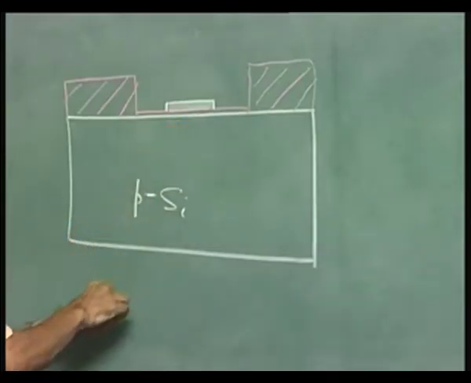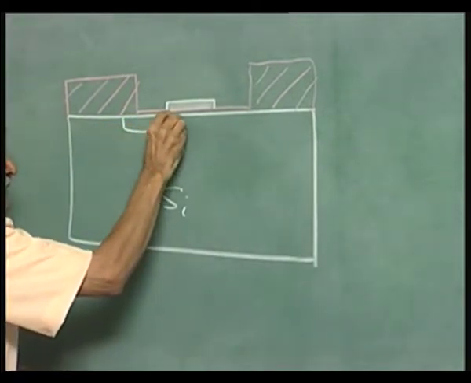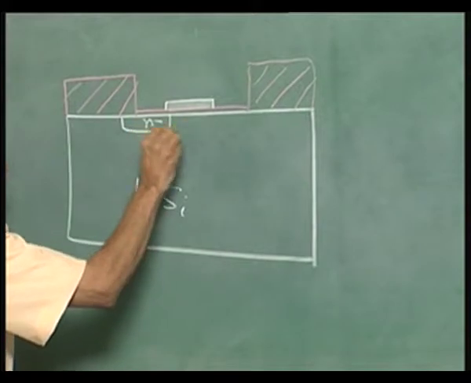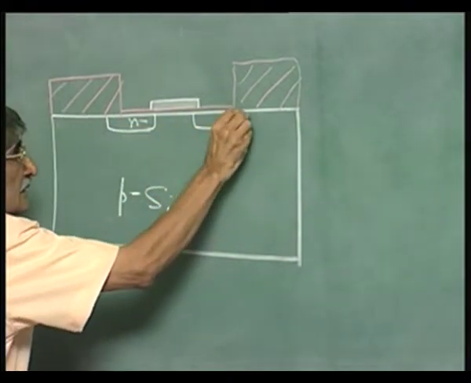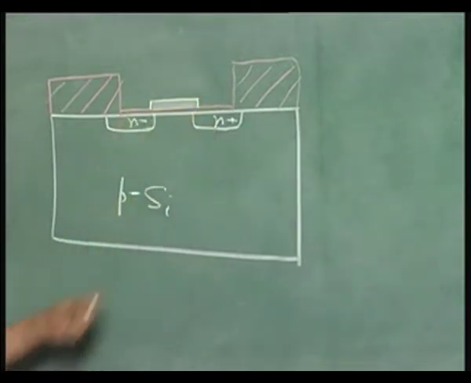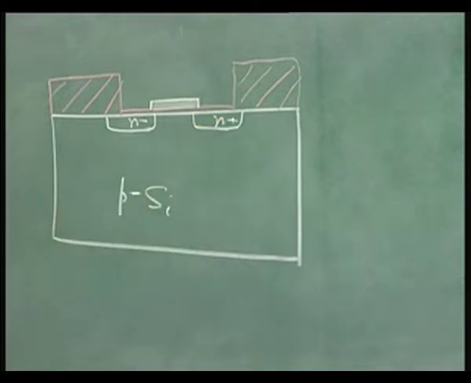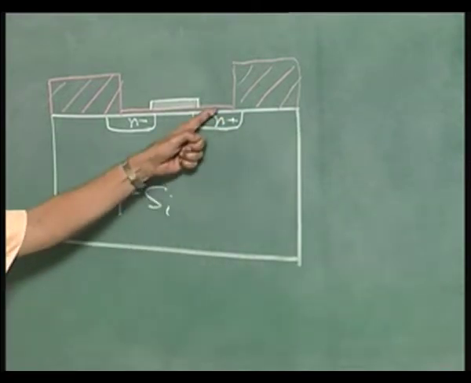Because once you do that, afterwards you can define your source and your drain by introducing impurities through this. We can implant it through this oxide. To take contact, of course, you have to open the windows and all.